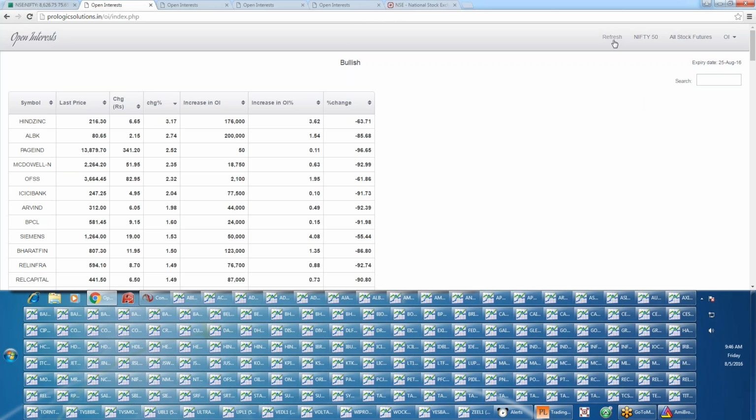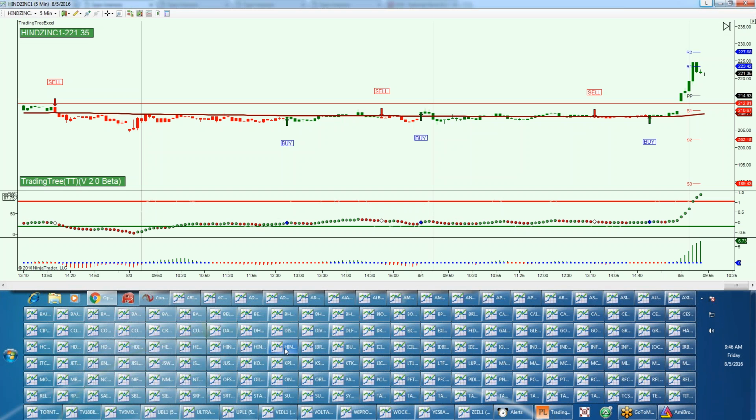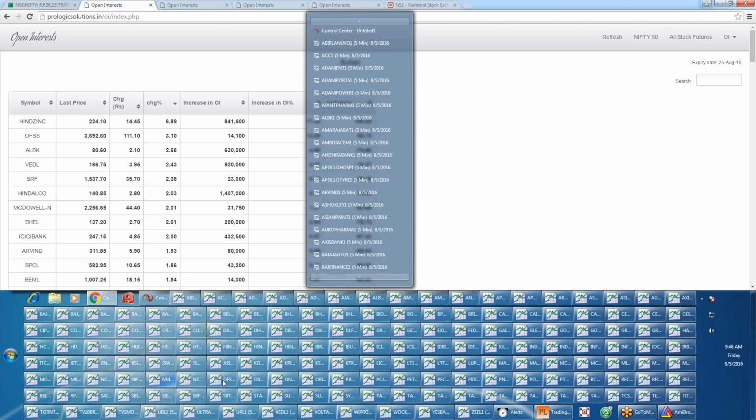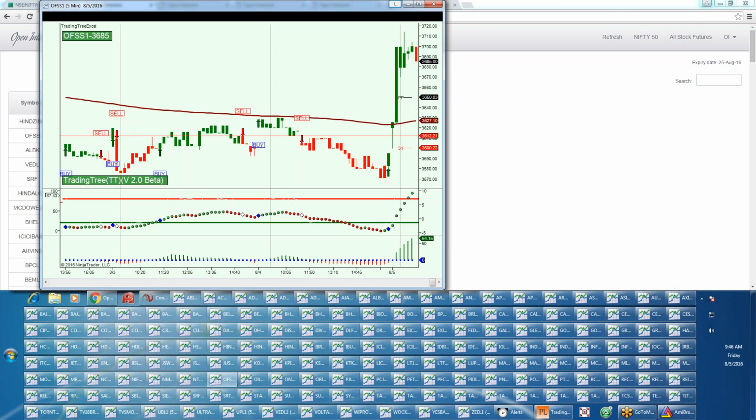So let me just refresh it once more. So now you can just see that Hindustan Zinc, we have a change in the open interest. So we have Oracle Financials. So there you go.